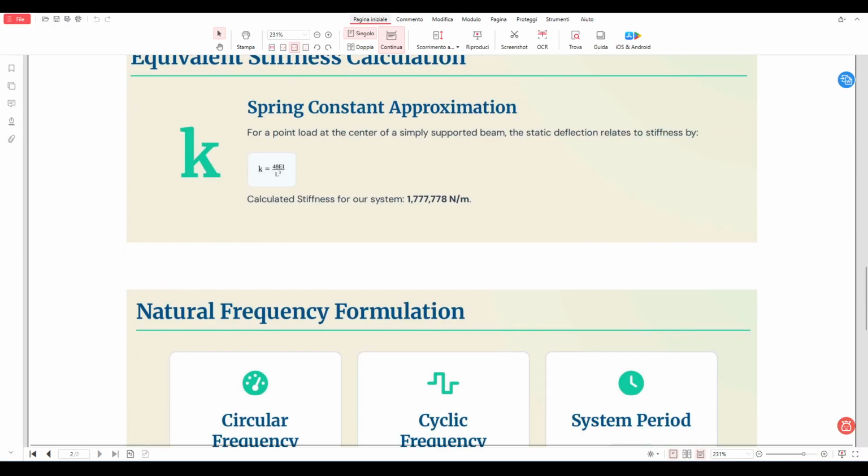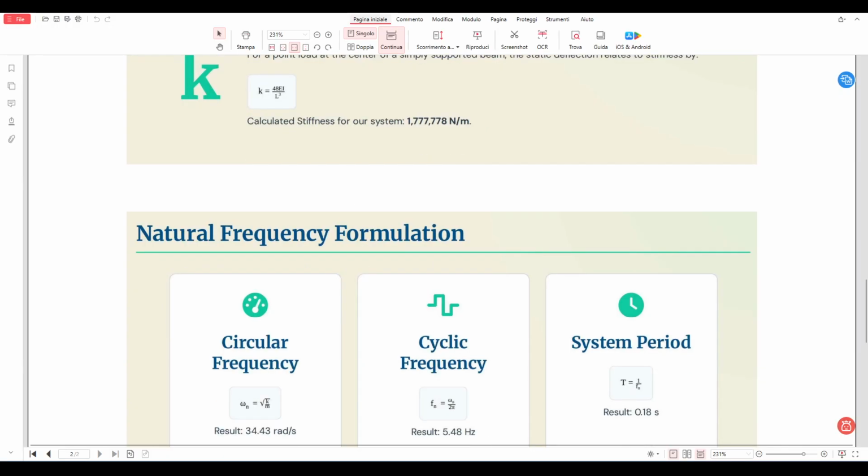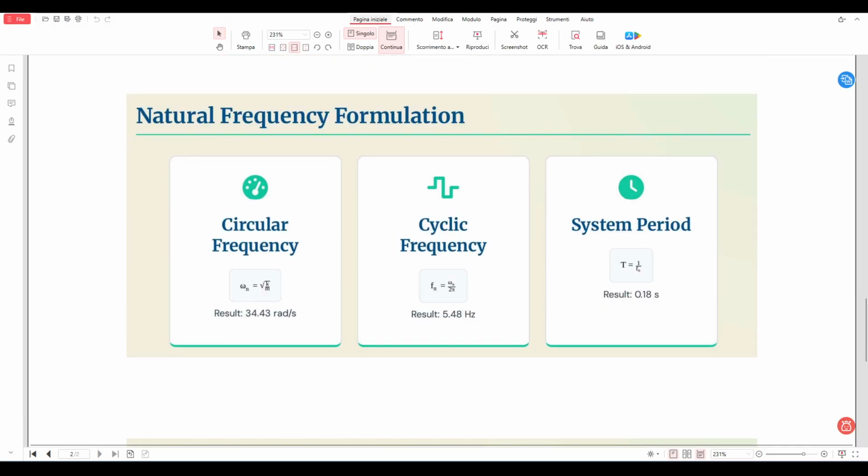We can calculate kappa, the spring constant, whose value is in Newtons per meter.